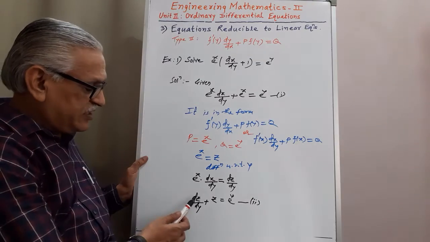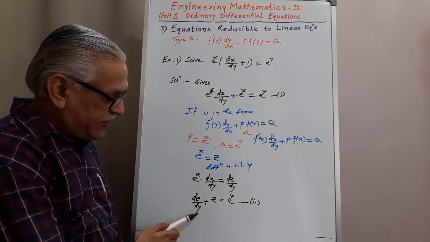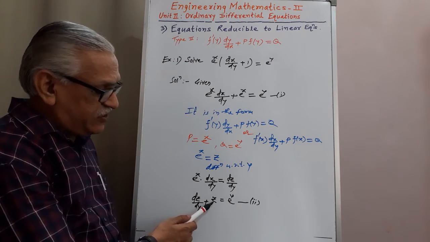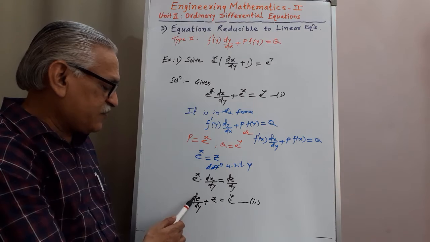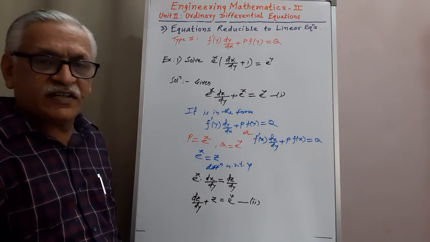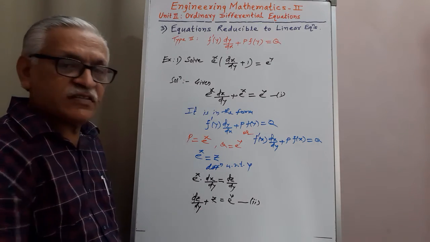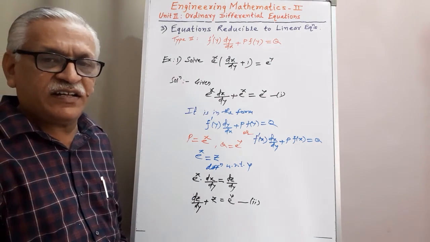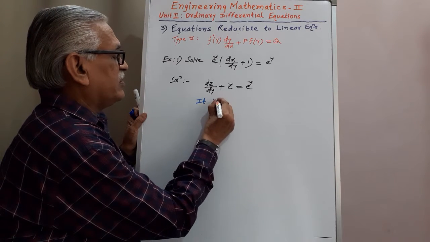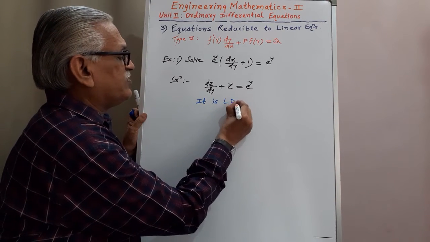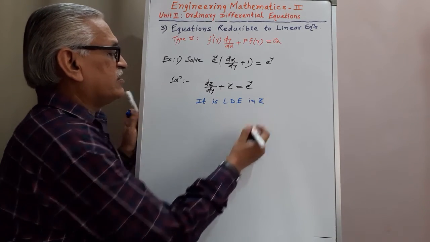Here, in dz by dy, z is the dependent variable and y is independent. The degree of z is 1 and its differential coefficient dz by dy also has degree 1, and they are not multiplied together, which means it is a linear differential equation in z.